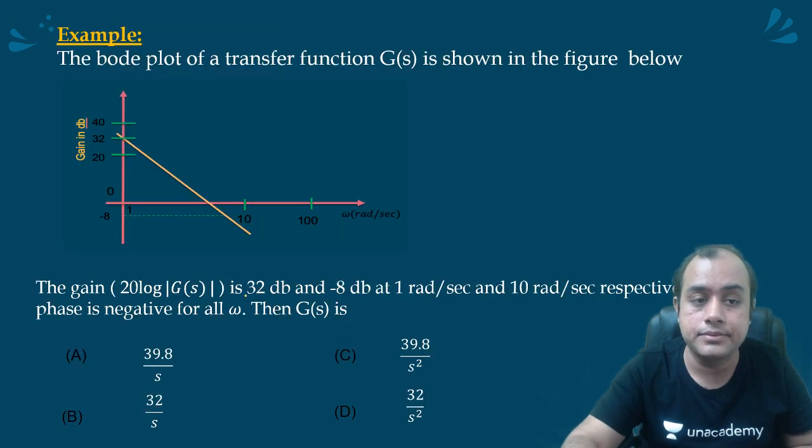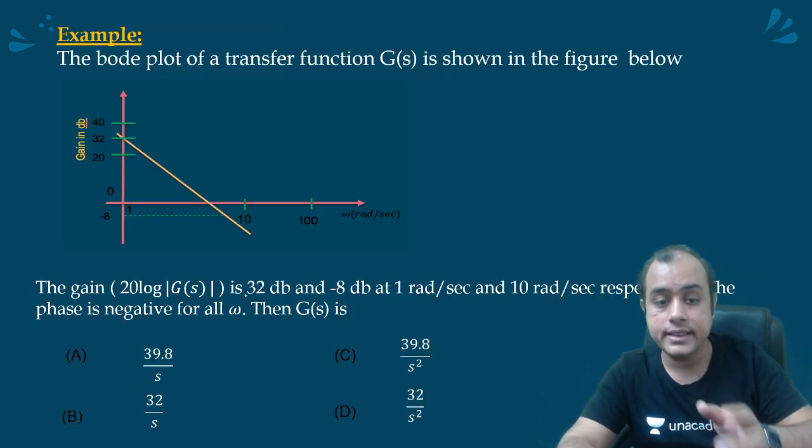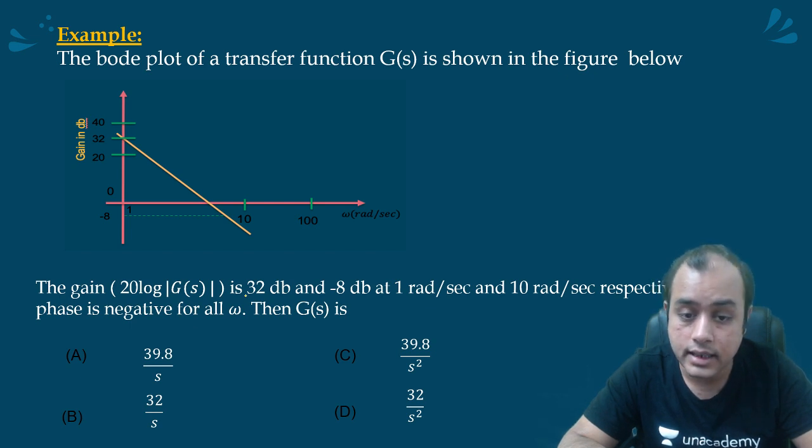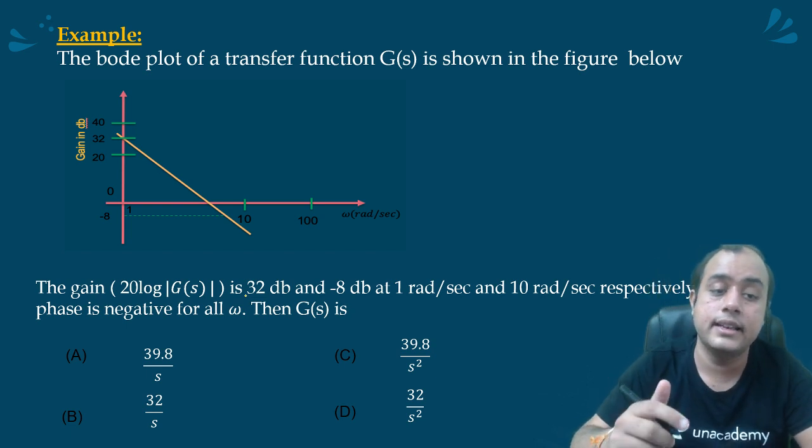Now this is a question based on the Bode plot. Let's see how we can make use of the virtual calculator. The Bode plot is given. The gain is 32 dB at 1 radian per second and minus 8 dB at 10 radian per second. Then G(s) is.